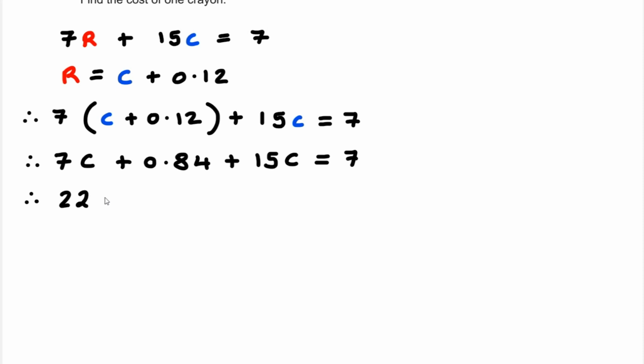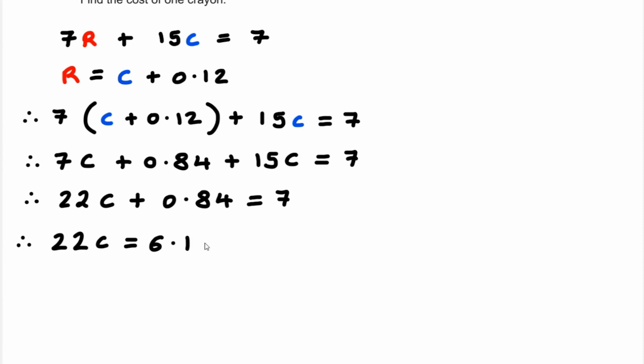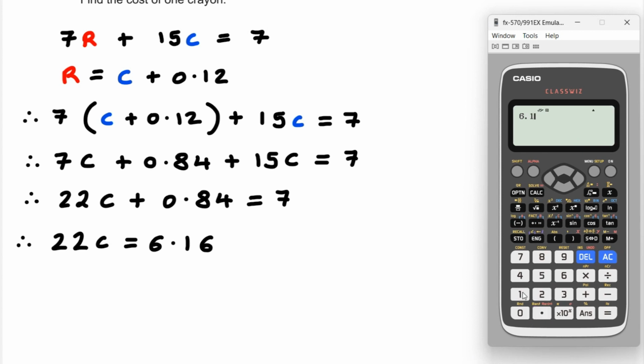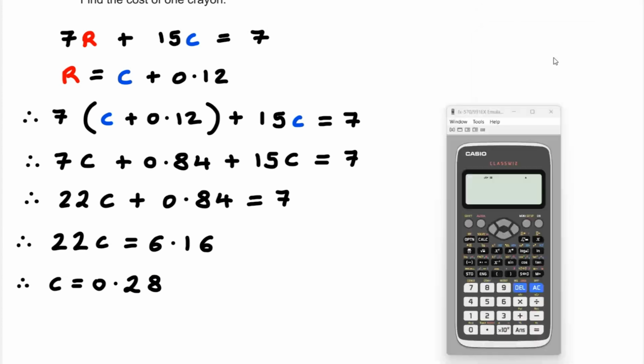Then we've got 22C plus 0.84 equals 7. Subtracting 0.84 from both sides, 22C equals £6.16. And if I do £6.16 divided by 22, I get 0.28. So C is equal to 0.28, meaning the price of one crayon is 28 pence.